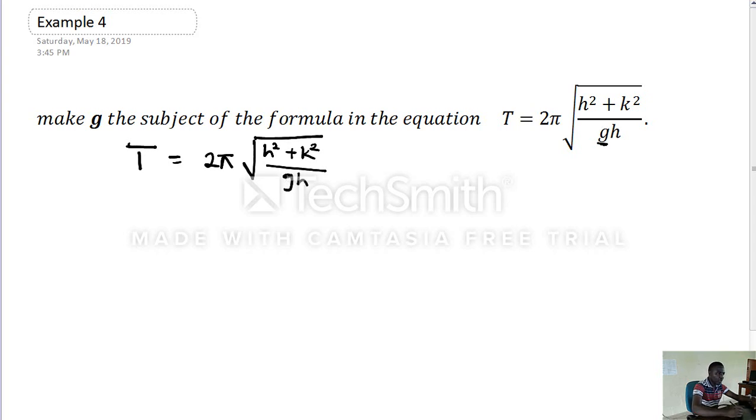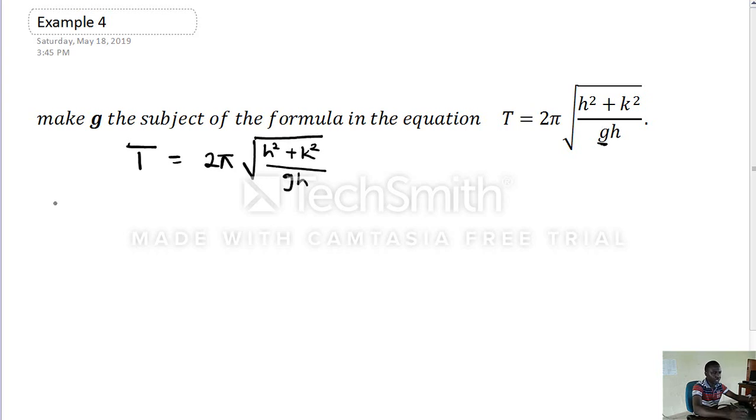So looking at this, you discover that 2 pi is being multiplied by what we have under the square root sign. So what I'm going to do is separate these two terms, 2 pi and root of h squared plus k squared over gh, and the opposite of multiplication is division. Only that way can you separate both of them.